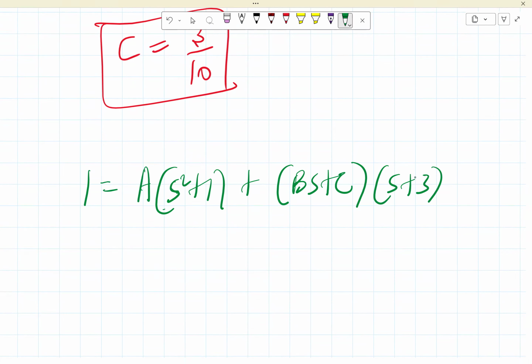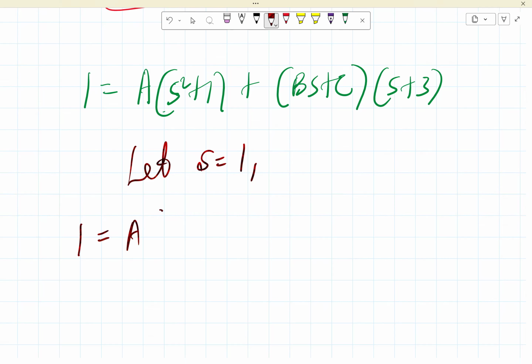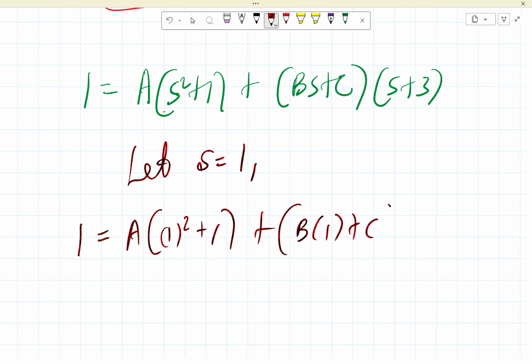So again, I say let s be equal to, oh no, not minus. I can just say 1 because we've used 0 and minus 3. So let s be 1. So we just have 1 equals a into 1 squared plus 1 plus b into 1 plus c into 1 plus 3.